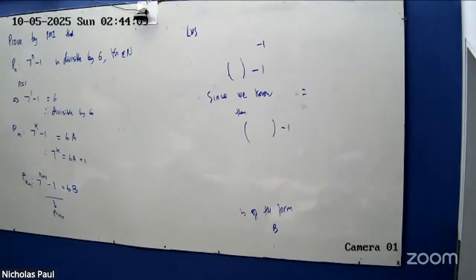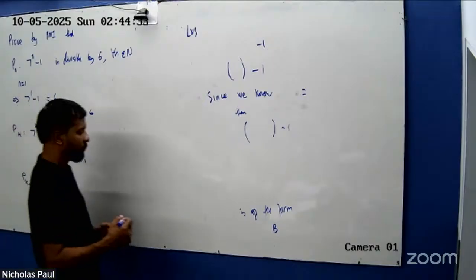The same, 7 to the k and minus one, and then you get the next one. Right, so it should be almost done.